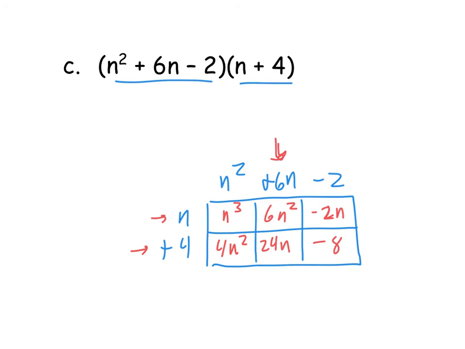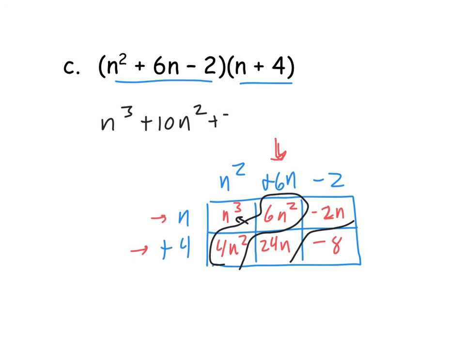So one thing to be aware of here, there's only one n cubed term, so I'm going to put n cubed right there. These two terms are both n squared terms. They're both positive, so 4 plus 6 is 10. So that's 10n squared. When you combine like terms or add them, you don't increase the exponent. It stays the same. Here's two n terms, 24 and -2.